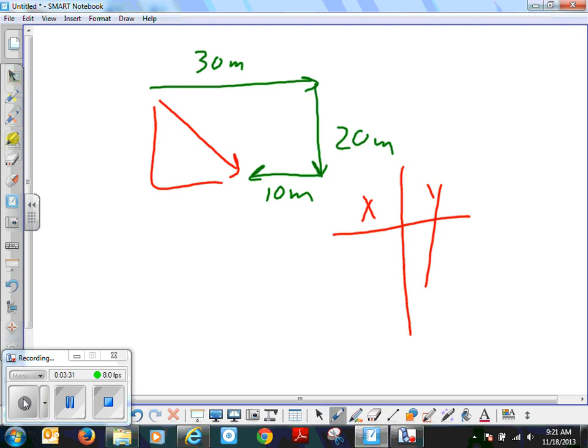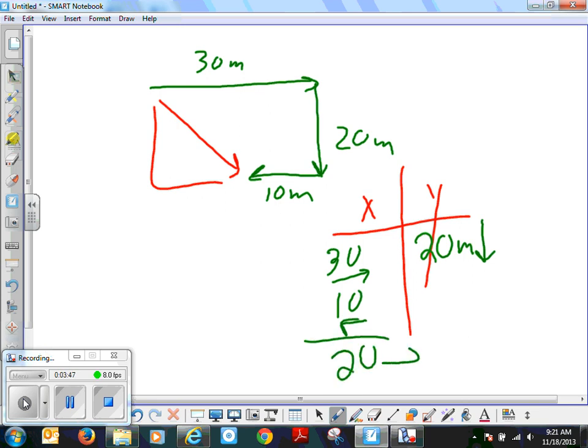In this case, there's only one Y, and it's 20 meters, and it's down, right? And in the other place, we have a 30 meter X plus a 10, which is going to equal 20 in that direction. So then you just have a new triangle, 20, 20, and this would then be our resultant. Can you do that for the test? Okay.